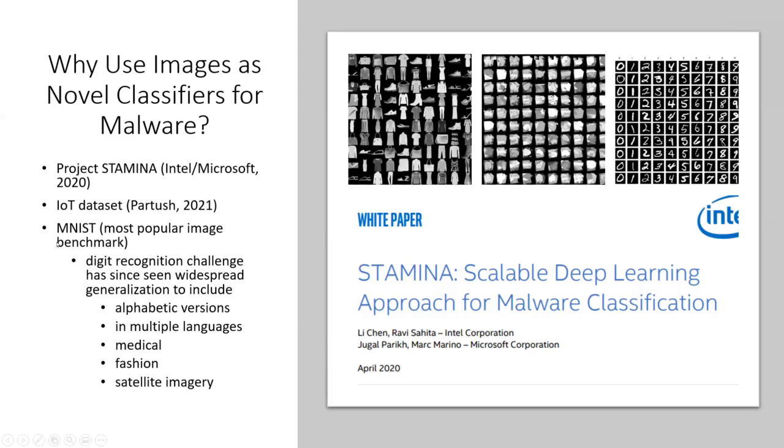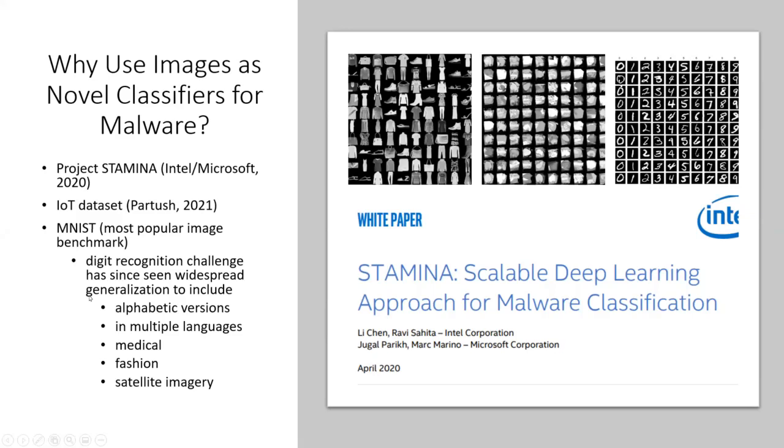And the final motivation is you have to really appreciate how these sort of thumbnail grayscale images have exploded in the machine learning world. Most everyone is familiar with the MNIST data set. It's really the most popular image benchmark. And in various forms, it can be recognizing handwritten digits 0 to 9 in grayscale. So this looks very similar to our images of executable malware.